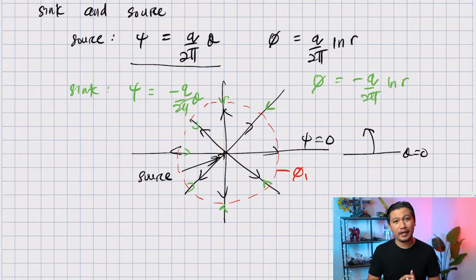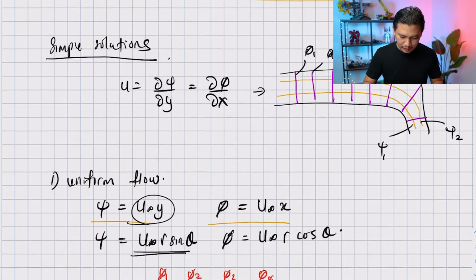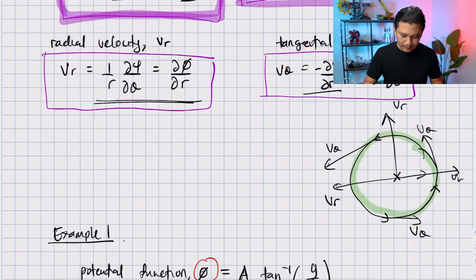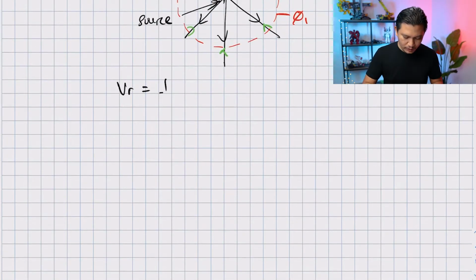Now let's see what happens to my velocity components. In polar coordinates, you have two velocity components, the radial velocity and the tangential velocity. So my radial velocity Vr is equal to, let's take a look again at our Cauchy-Riemann equation, Vr is 1 over r del psi over del theta.